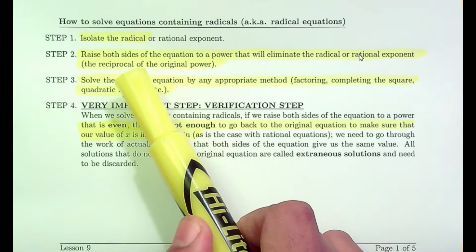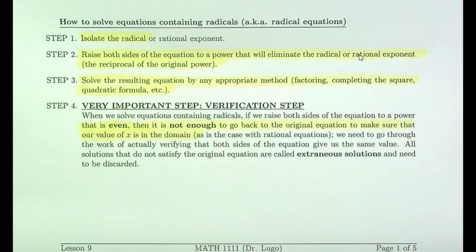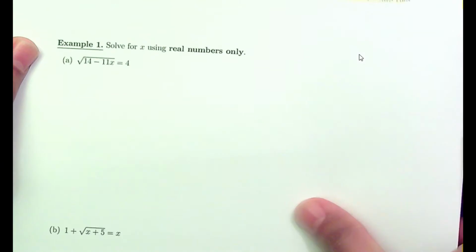And there's no way of knowing that ahead of time besides plugging it in and working it out, each and every one of them. That's the painful part. It's kind of annoying, but you really have to do it. It is an important part of solving a radical equation.